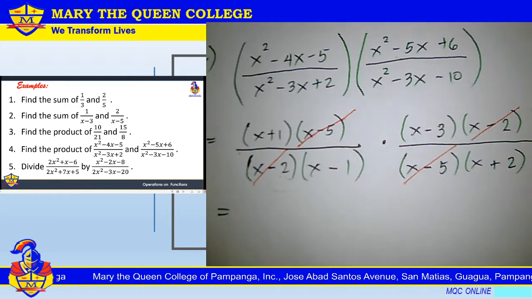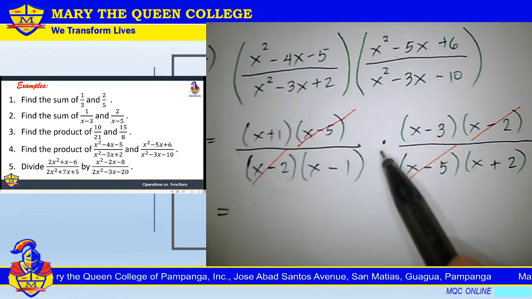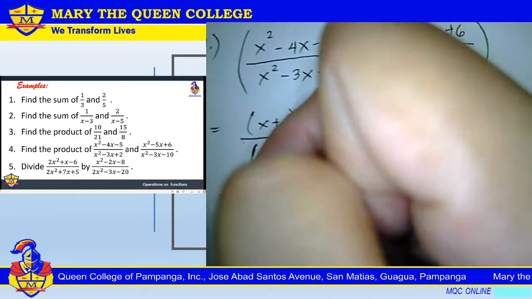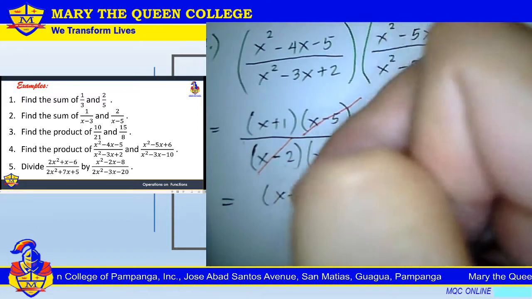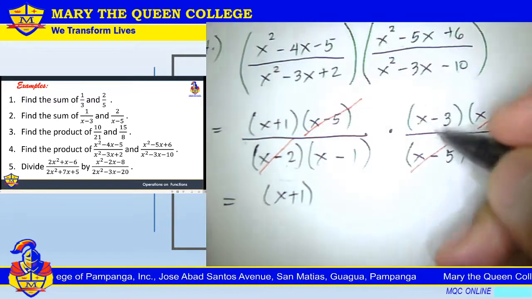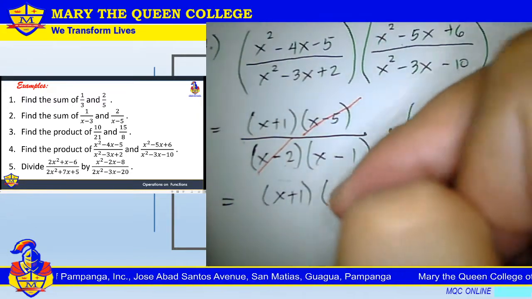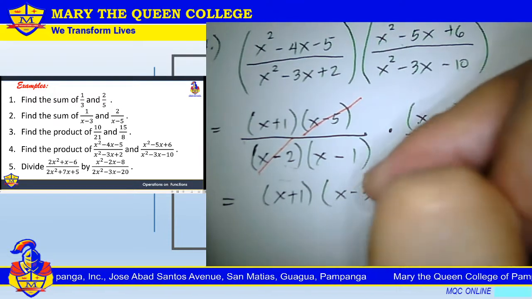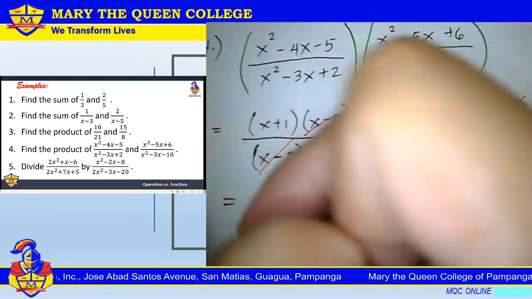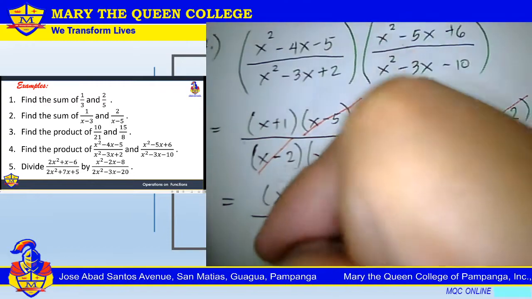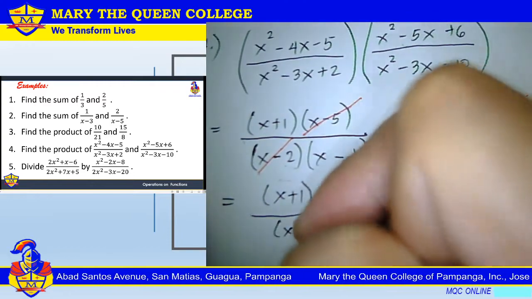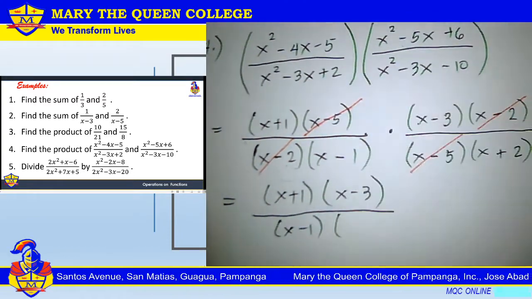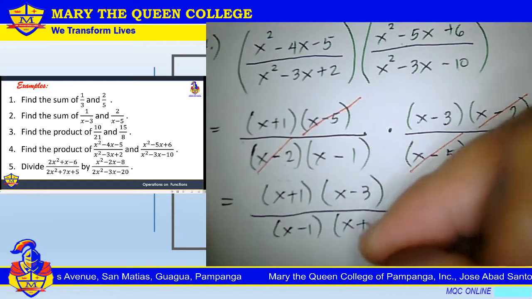Okay? Meron pa ba tayong pwede i-cancel? So far, wala. So, what is left now is we have x plus 1, ito po yun, times yung nandito, we have x minus 3. All over, we have x minus 1 times x plus 2.